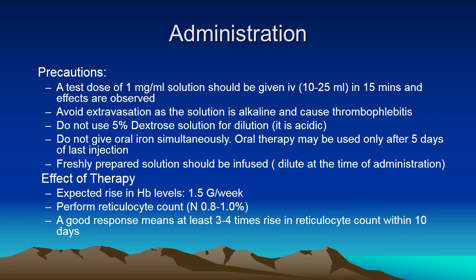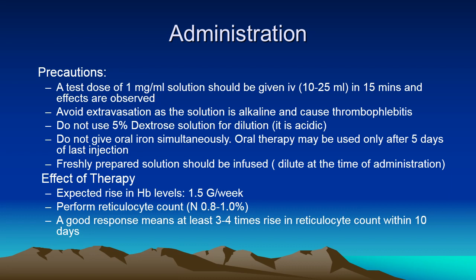Certain precautions must be observed. Test dose should not exceed 10 to 25 ml in 15 minutes and we must carefully observe the signs and symptoms of adverse reactions. Avoid extravasation as the solution is highly alkaline and will cause thrombophlebitis. The diluent used is normal saline and not 5% dextrose.